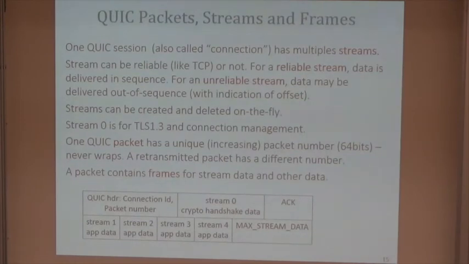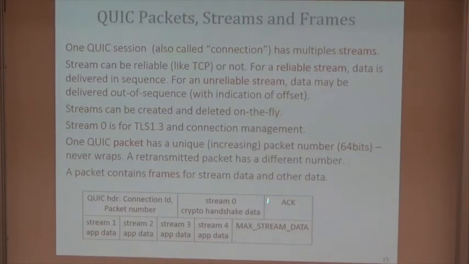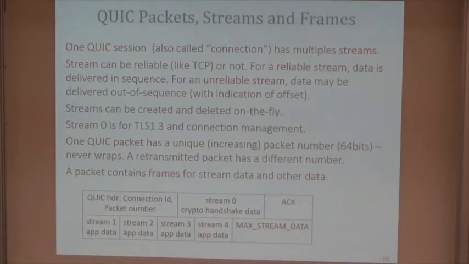In TCP, originally acknowledgement was just one number, the ACK number. Then people realized that it's not very efficient because you may have lost some packets and not others, so we can send SACK, but that's in the TCP header, so the TCP header cannot be too large, so there are at most 3 SACK blocks. Here there is no such limit because it's part of the data that's in the QUIC packet.